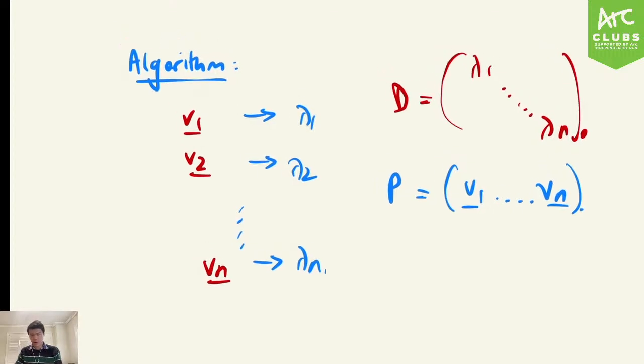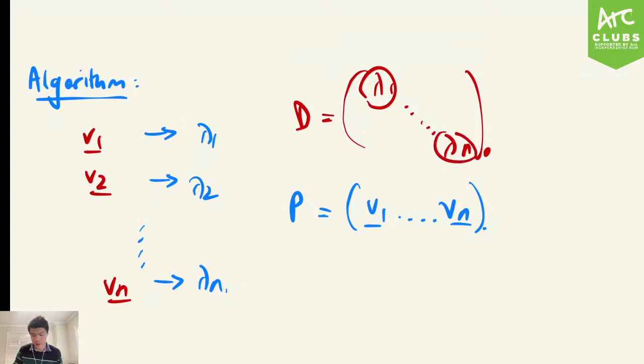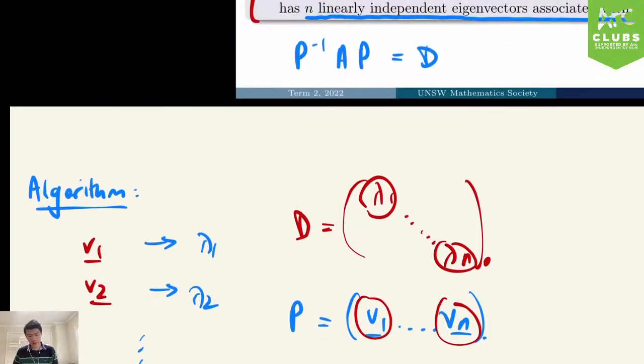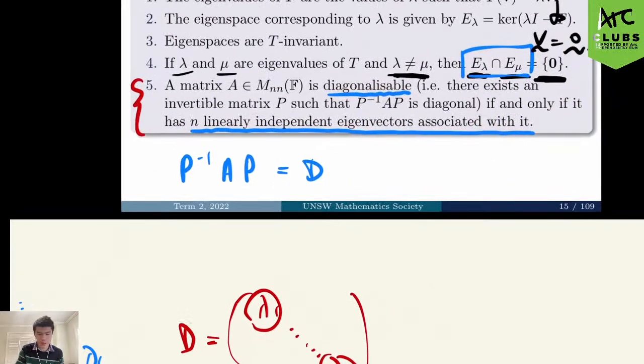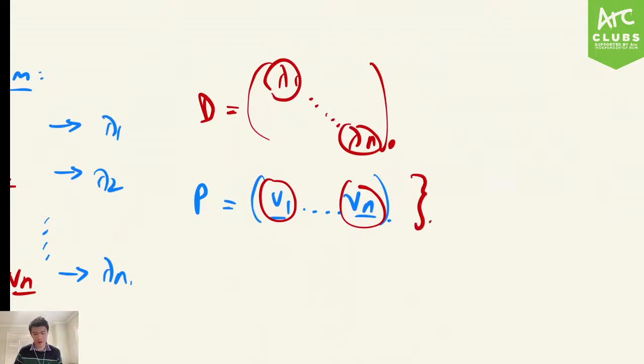Right, so because the algorithm is like this, all you have to do is just form the eigenvalues and the eigenvectors. It means that it's only going to be diagonalizable if you have these n linearly independent eigenvectors to begin with, because if not, then you'll be stuck on the first step of constructing P.